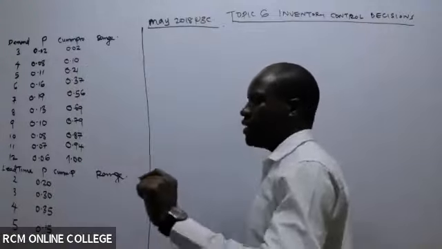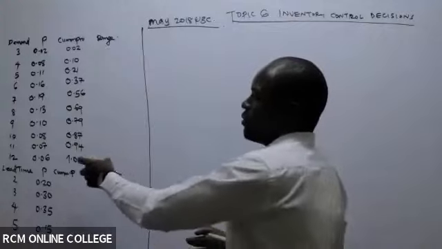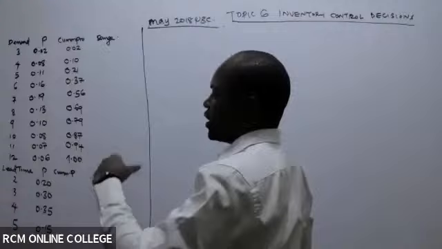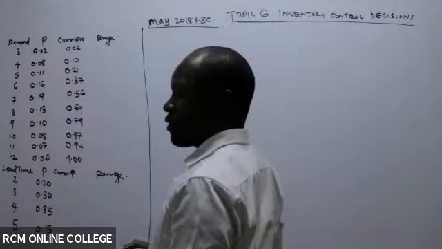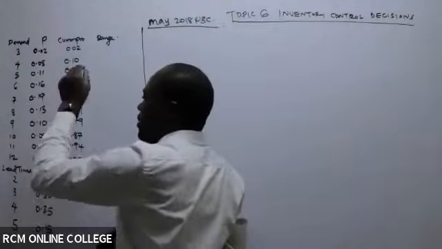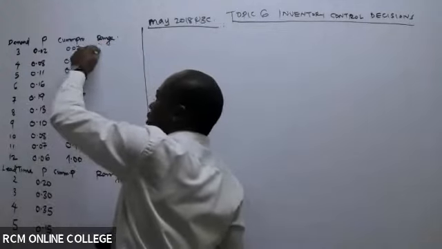Your range is determined by the number of decimal places given in the question. How many decimal places were we given? For demand, we have 2 decimal places, so we must maintain 2 digits under range.